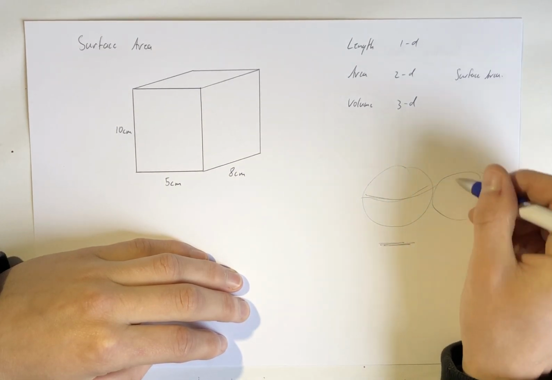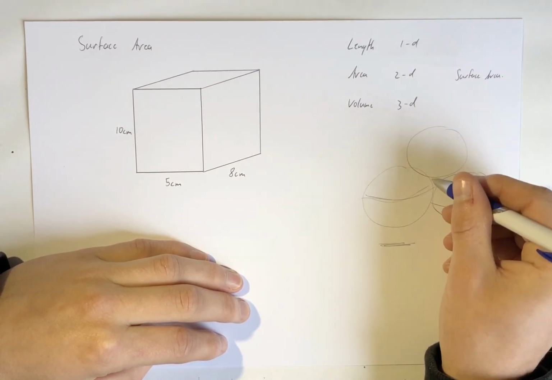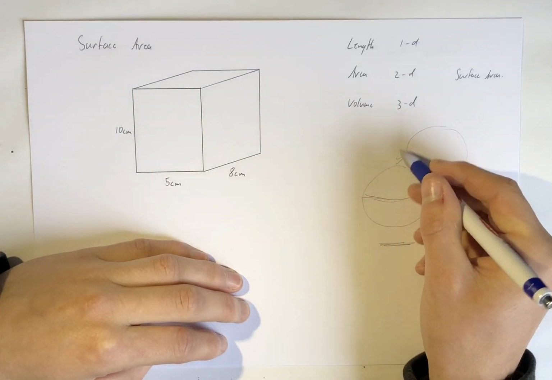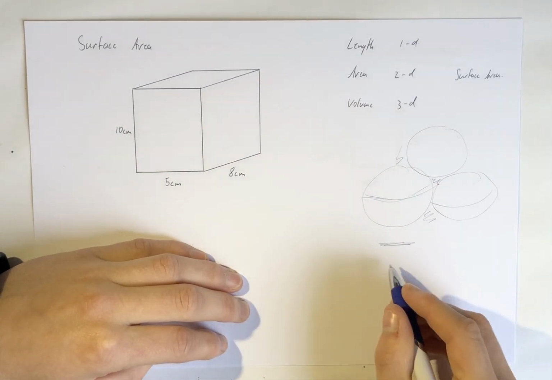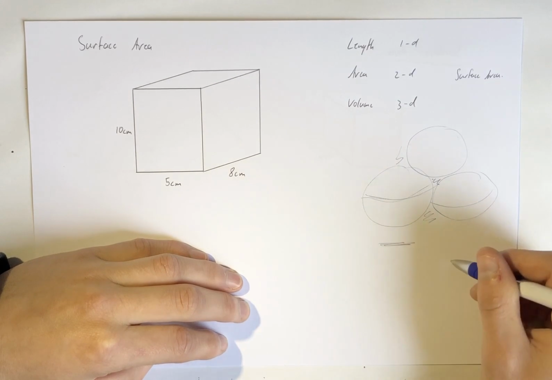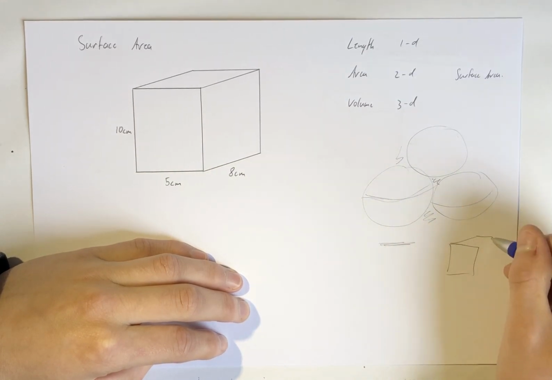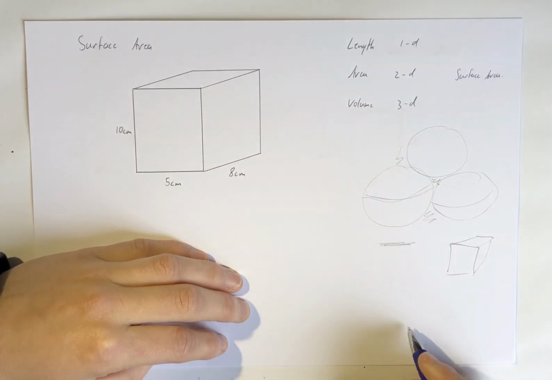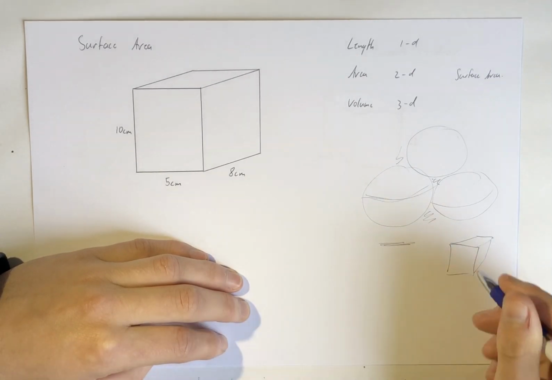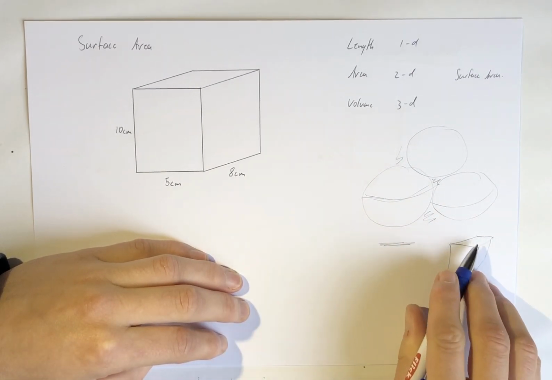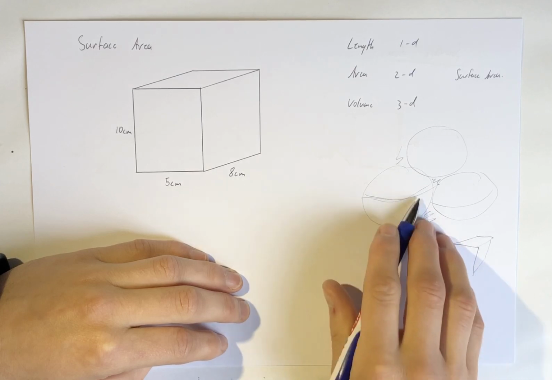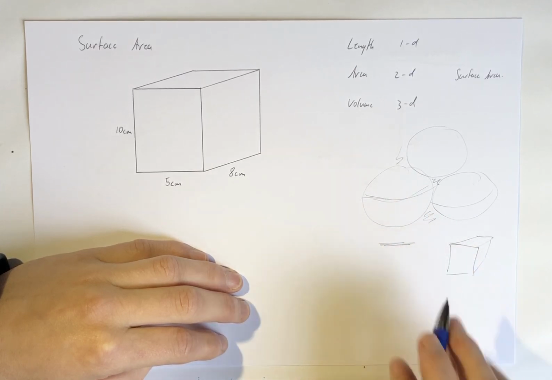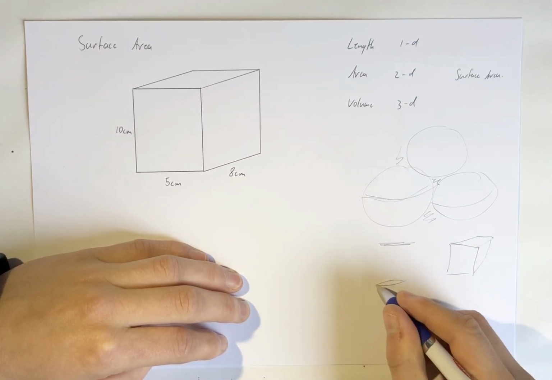So if you try to stack lots of spheres together, you get lots of empty space around it. And so what we do is we go halfway between a sphere and a cube, because a cube uses a lot of surface area to volume, but it stacks perfectly. And so we go halfway between a cube and a sphere, and we use cylinders.